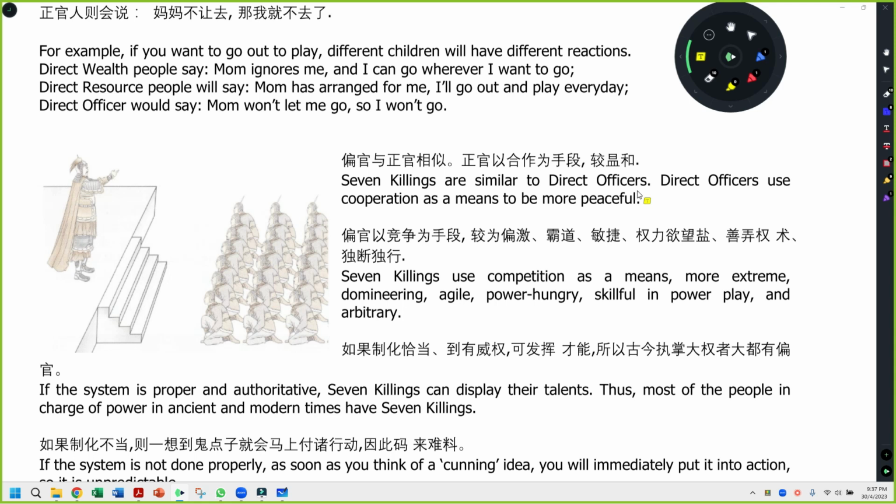So chances are, 7 killing is known to be what we know as the general star, leadership role. And the difference between a 7 killing and a direct officer, even though both of them have leadership roles, is that 7 killing enjoys competition.